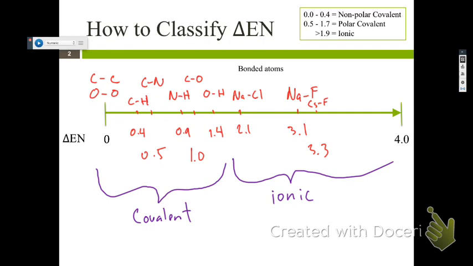But there's a little bit finer grained detail that I want you to have in the covalent arena. So if electrons are shared very equally or very close to equally, what do we call that kind of a difference in electronegativity? So we have about 0 to 0.4. That was a terrible drawing.